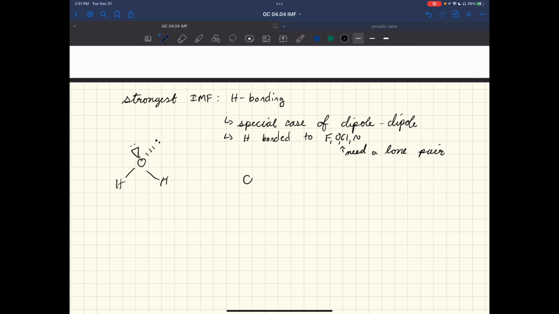But if I think of, instead of the lines, just these pairs of electrons, what this means is that this oxygen is really, really electronegative. There's a lot of negativity on that oxygen.